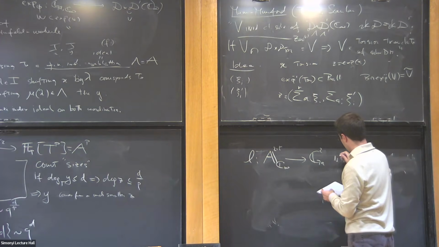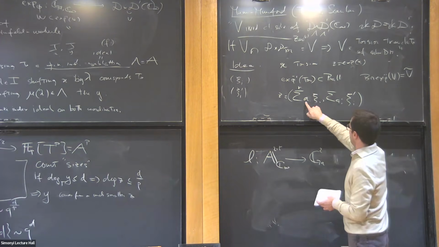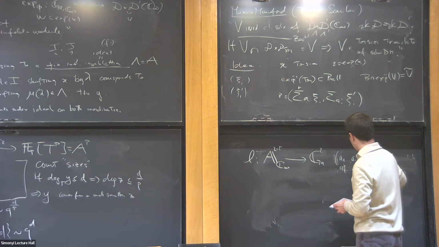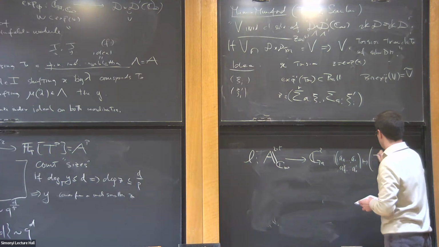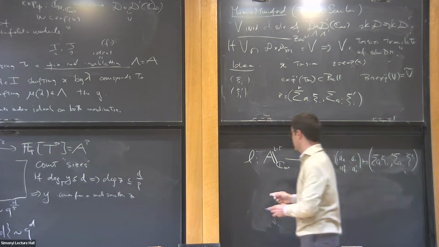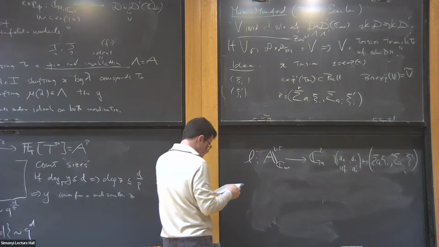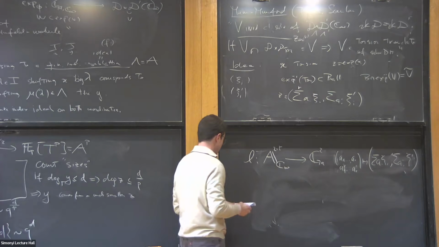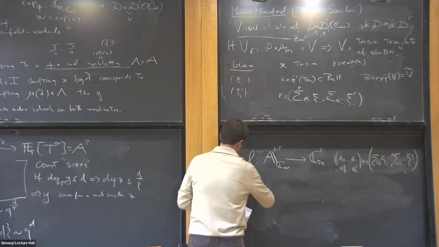We will just take these A1, ..., Ar, A1 prime, ..., Ar prime, and send them to the linear combination. The fibers of this map are of course positive dimensional, and that is why we will need to use Pila-Wilkie.